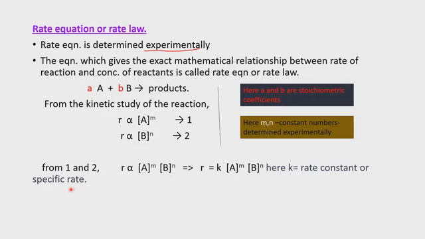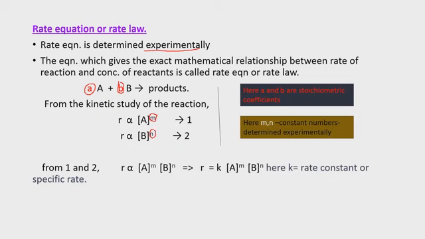Looking at it, it is very simple. But the thing is that in the reaction, small a and small b are there. These two are stoichiometric coefficients. But look, while writing the rate equation, we are not mentioning a and b. What are we going to mention? m and n.